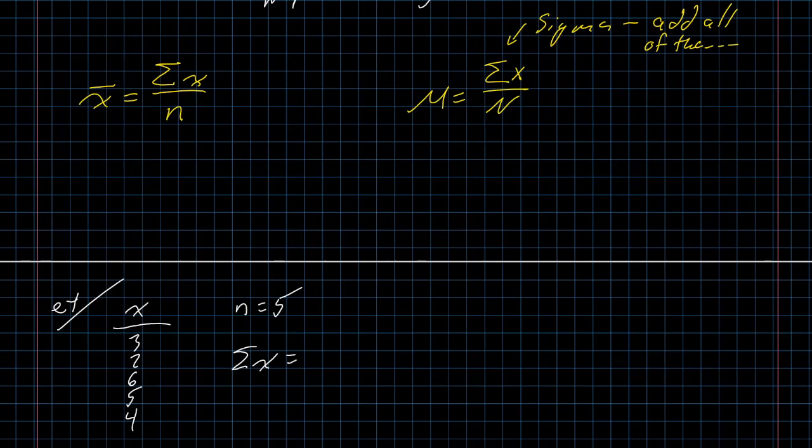If I want to add these all up, sigma x is 3 plus 2 plus 6 plus 5 plus 4, which is, let's see, 5, 11, 16, 20. And then x bar is 20 divided by 5, which is 4.